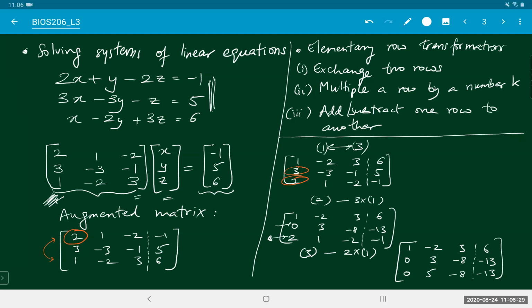Yeah, the second step, the third column: minus 1 minus 3 times 3, which becomes minus 9 minus 1, should be minus 10 instead of minus 8. Second row, minus 1 minus 3 times 3, the third column. Minus 1 minus, oh, minus 10. Yeah. Okay, now you tell me this.